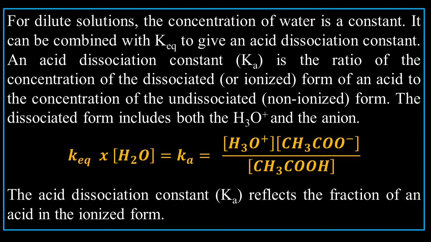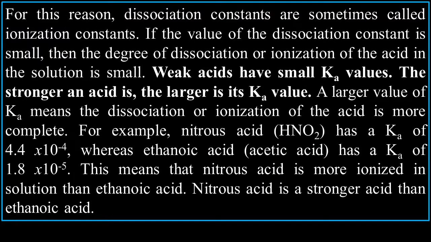The dissociated form includes both the hydrogen ion concentration, hydronium ion, and the anion, and that's shown there. The acid dissociation constant, Ka, reflects the fraction of an acid in the ionized form. So you take the water out of it. And that's a little confusing to understand, but vital in understanding acid-base chemistry. For this reason, dissociation constants are sometimes called ionization constants.